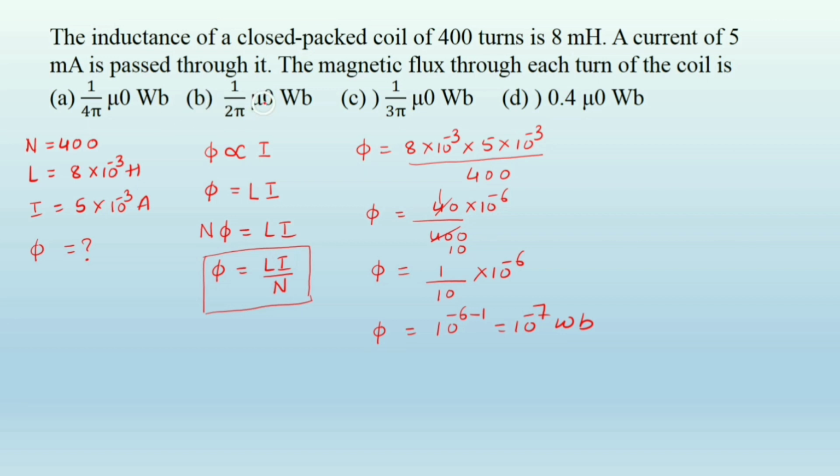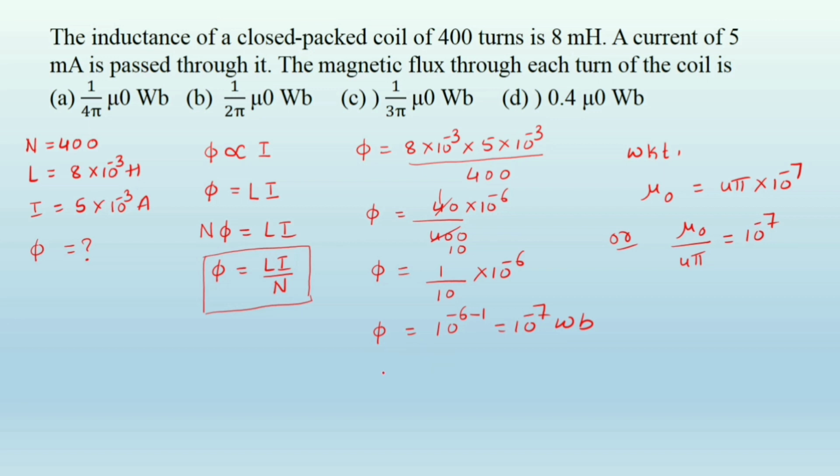But you can observe the options here. In all the options, absolute permeability is given. So let us write the answer in terms of absolute permeability. We know that absolute permeability value is 4 pi into 10 raised to minus 7, or we can write mu naught divided by 4 pi equal to 10 raised to minus 7.